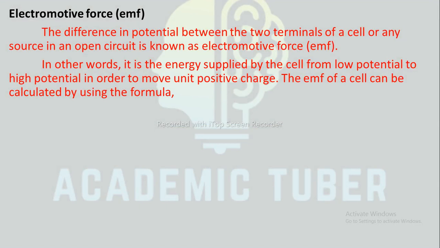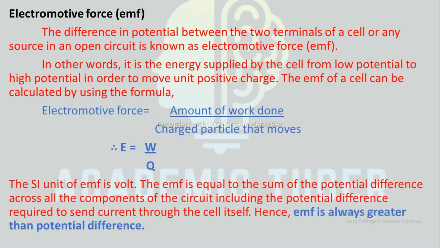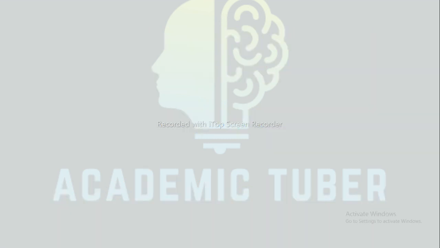The EMF of a cell can be calculated by using the formula: electromotive force equals the amount of work done by the charged particle that moves. Therefore, E equals W by Q. The SI unit of EMF is volt. The EMF is equal to the sum of potential difference across all the components of the circuit, including the potential difference required to send current through the cell itself. Hence, EMF is always greater than the potential difference.